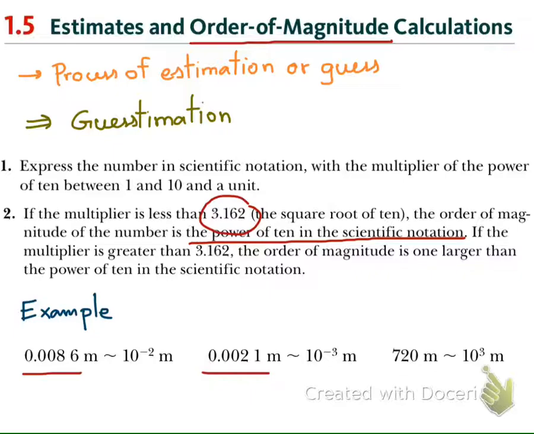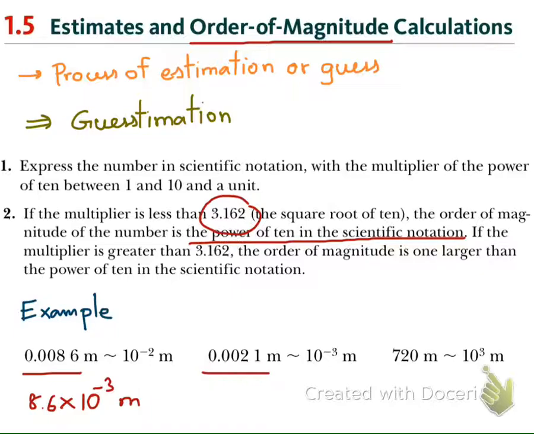The first one is larger than 3.162 once you write it in scientific notation: it becomes 8.6 times 10 to the -3 meter. The number 8.6 is larger than 3.16, so the order of magnitude becomes 10 to the -2. It is the -3 plus 1, right?